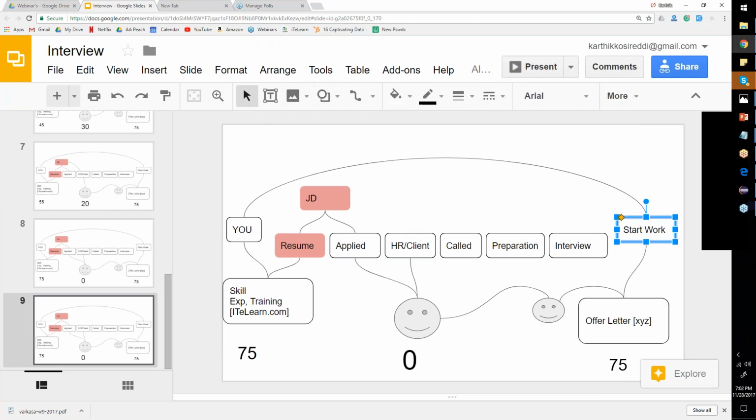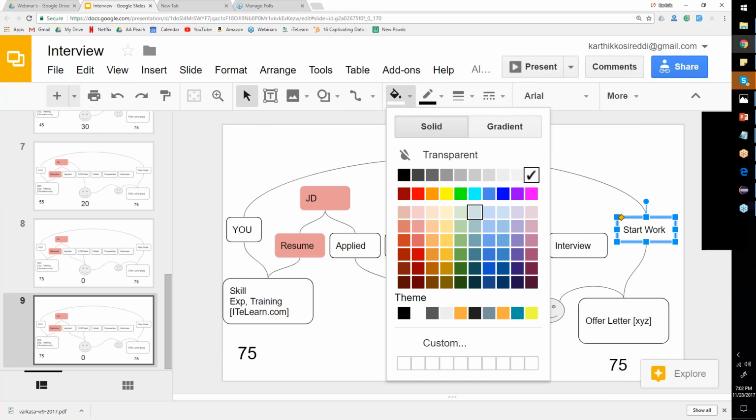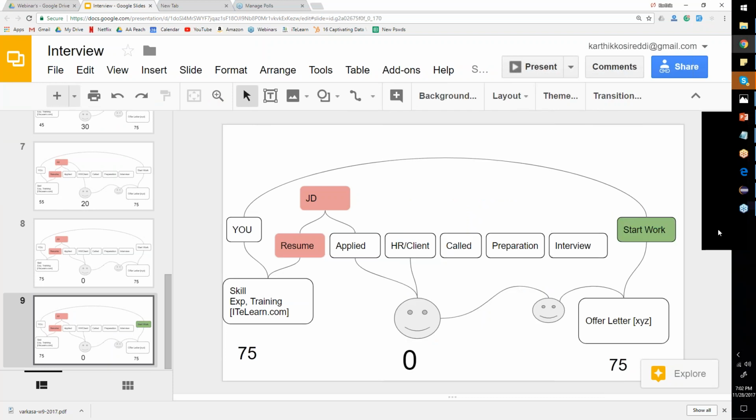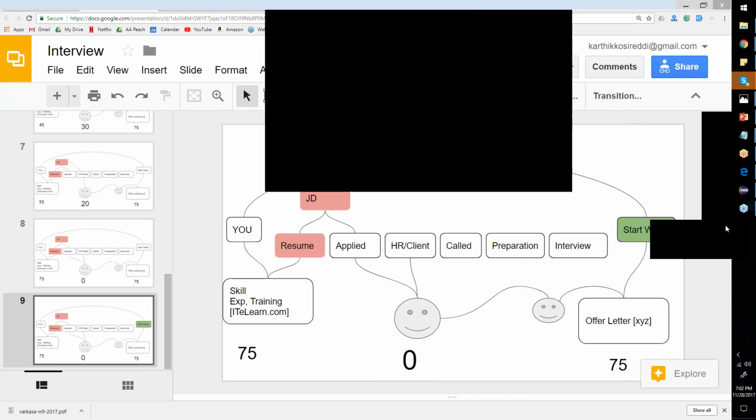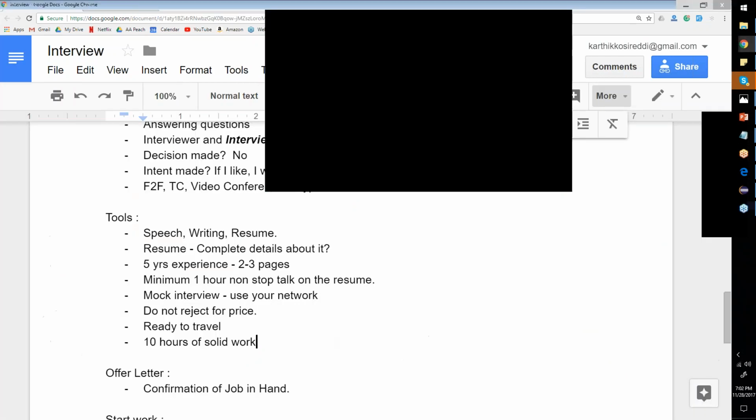Is this a great zone to be, team? Starting work, 75, no layers, sometime down the line. Is it a great place to be, right? That is what you have to imagine. Maybe you'll be there in 1 year or 2 years. Get a start today. That is very critical.